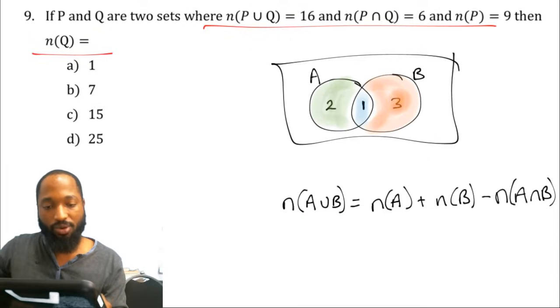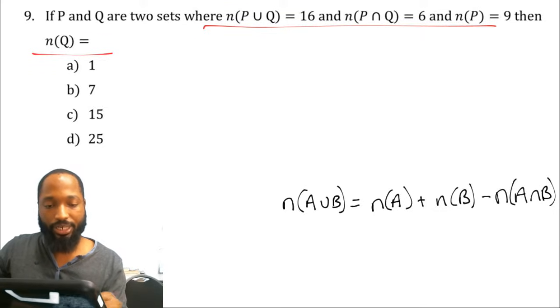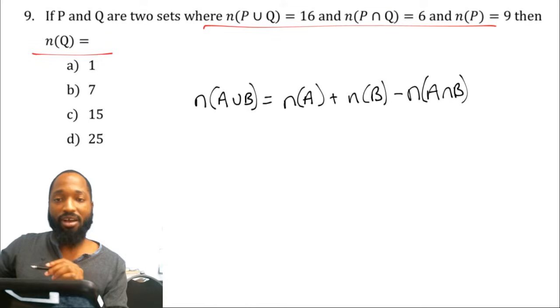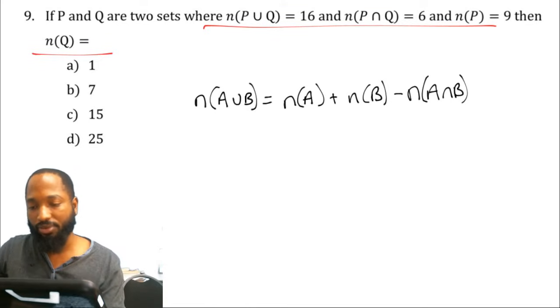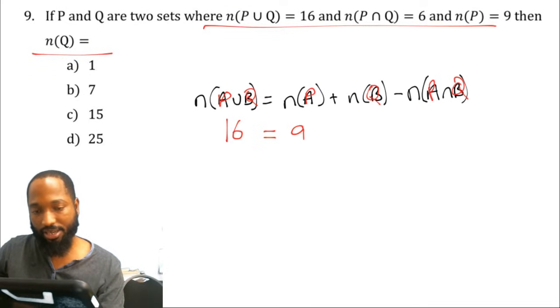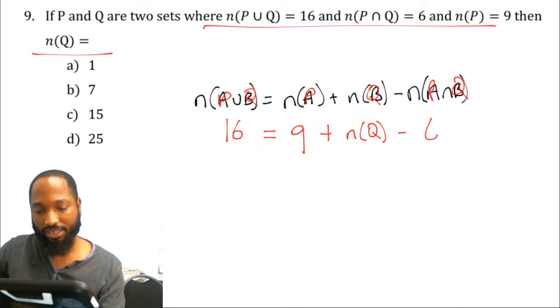Now there's a next thing you could do, and I would advise you do it at all times: you take these and try to put them in a diagram, but there's a little mistake that people make when they do that. So the number in this is 16, and instead of A and B it's really P and Q. What you're trying to find, the number of elements in P is 9, and you're trying to find how much in Q, minus the intersection, which is 6.